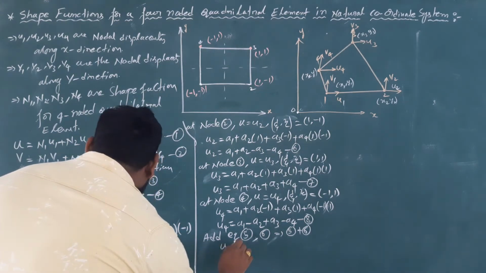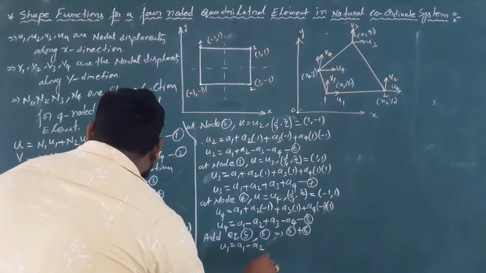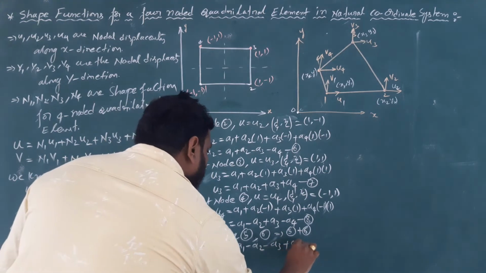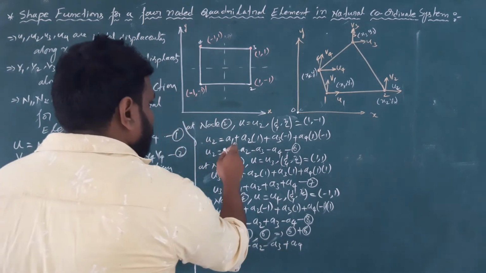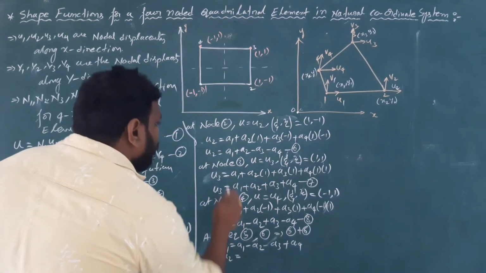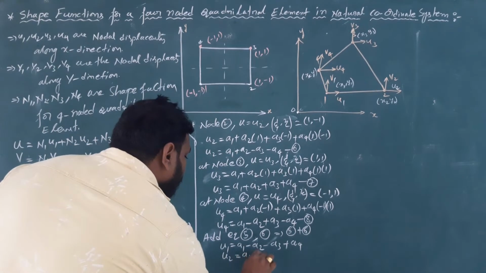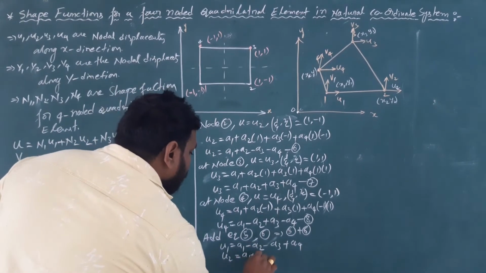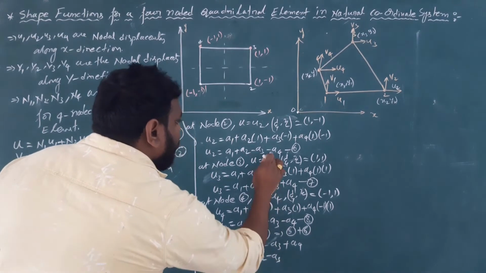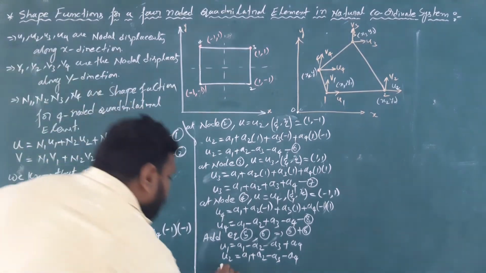u1 is equal to a1 minus a2 minus a3 plus a4. Here the 6th equation, u2 is equal to a1 plus a2 minus a3 minus a4. This is the adding.